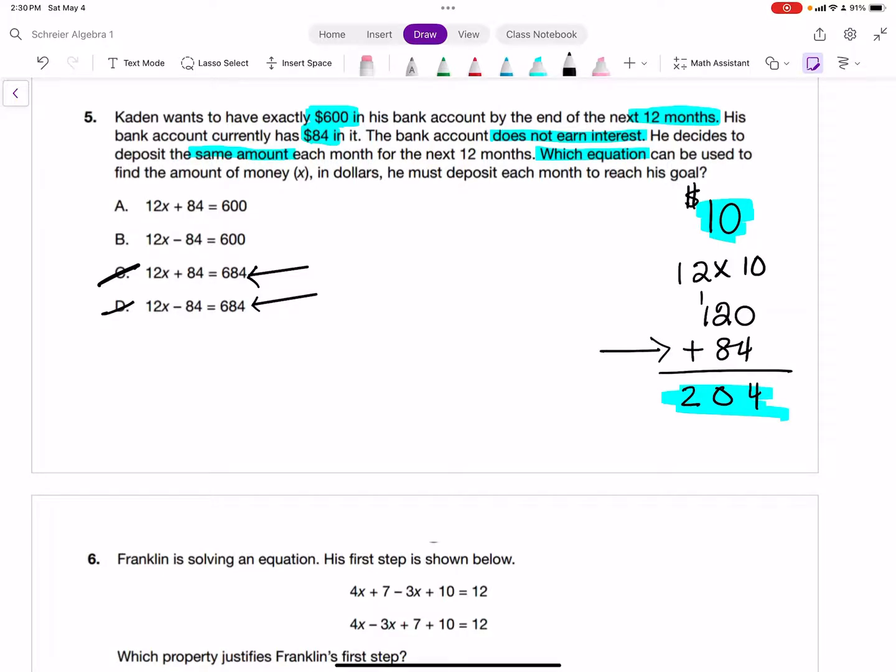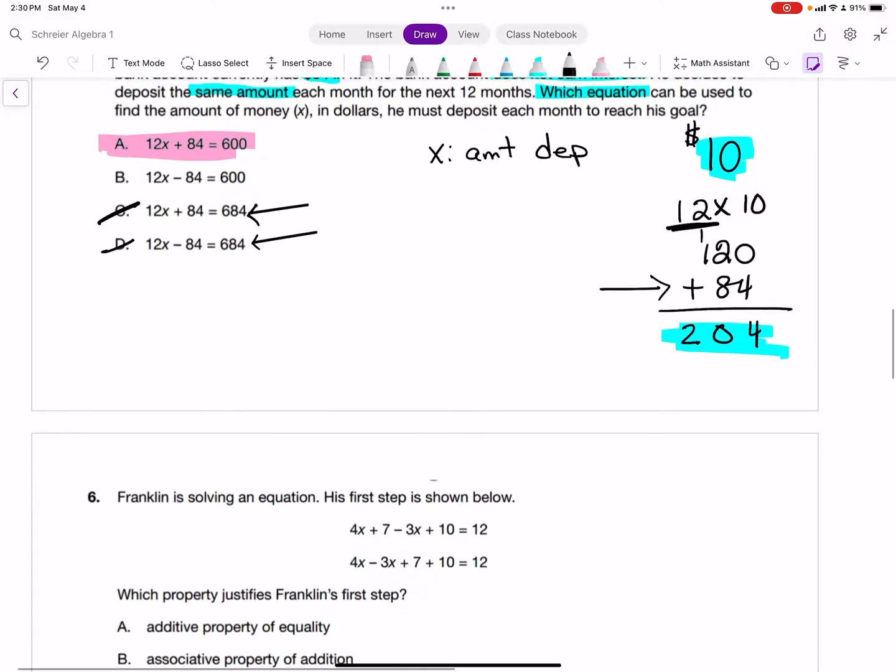So answer choice A is the best answer choice. So every month we're multiplying by the amount he deposits, that's X. That's the same amount that he deposits every month for 12 months. And then he's going to add in the $84 that he already has. So answer choice A is your best answer.